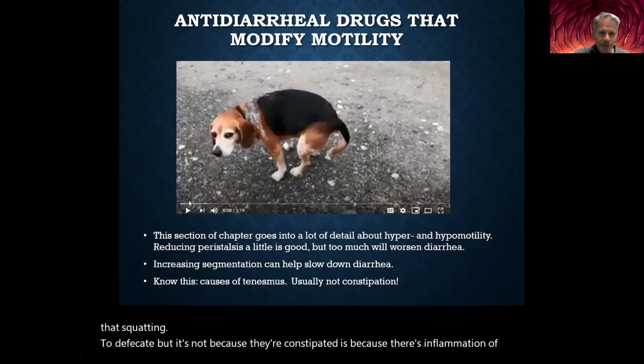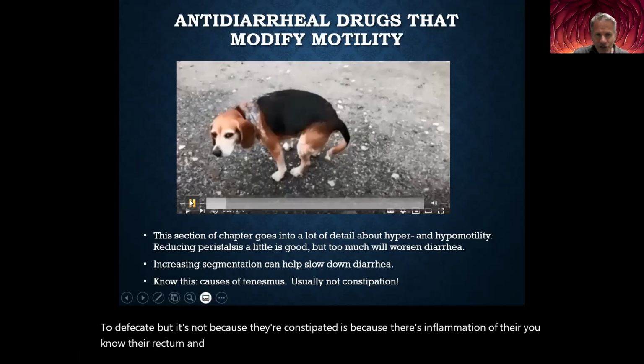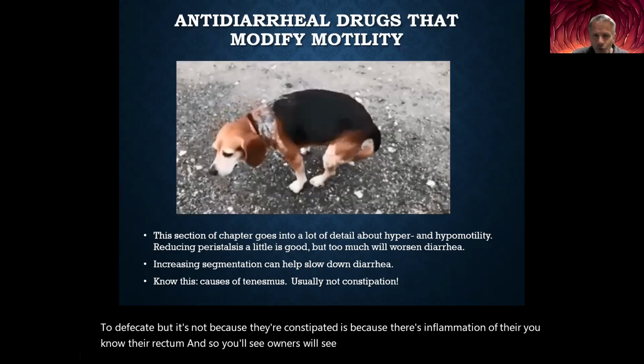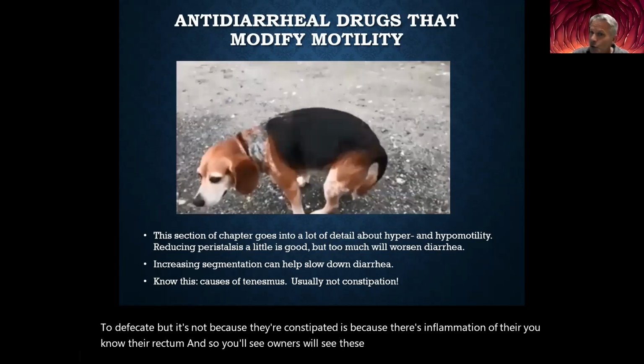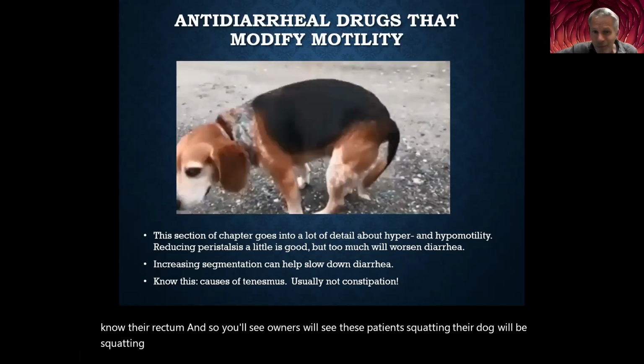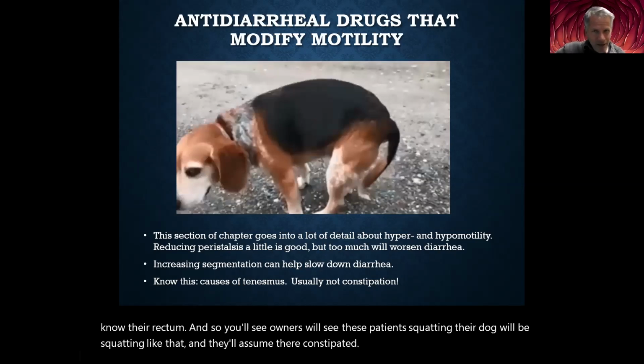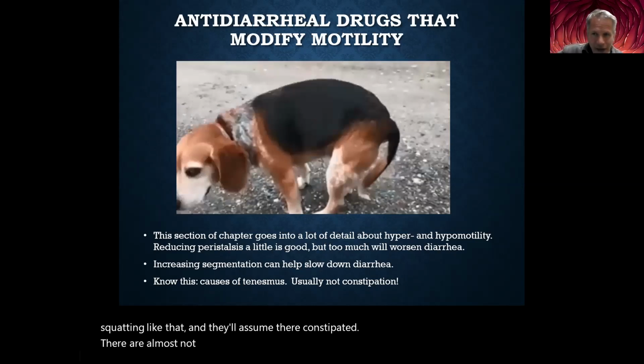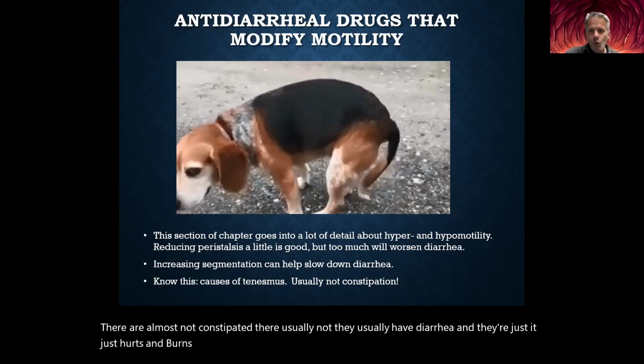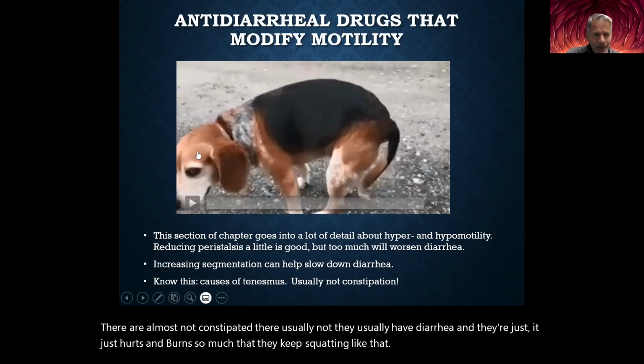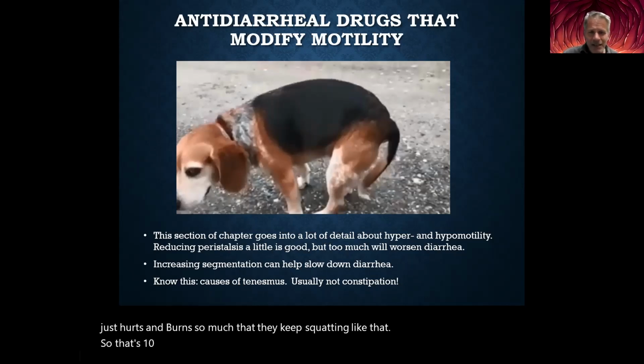And so owners will see their dog squatting like that, and they'll assume they're constipated. They're almost never constipated. They usually have diarrhea. And it just hurts and burns so much that they keep squatting like that. So that's tenesmus. They're squatting, they're shaking, they feel like they need to go, there's just nothing there.